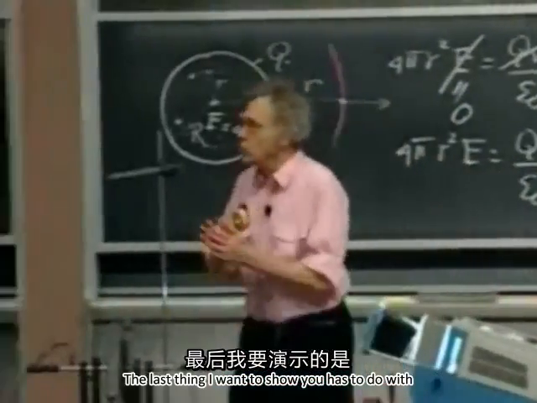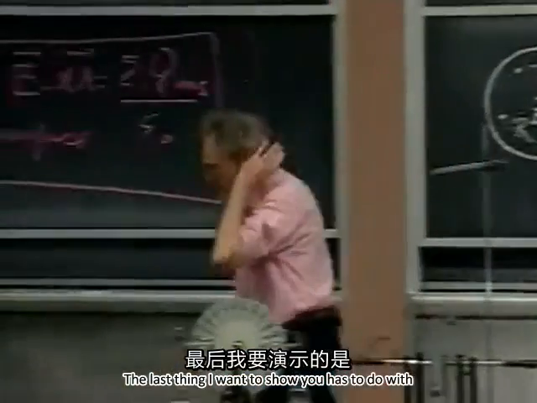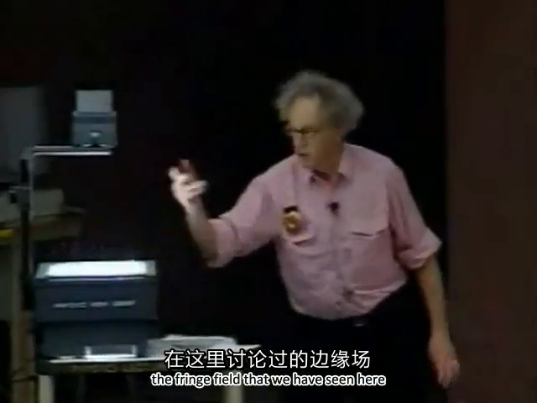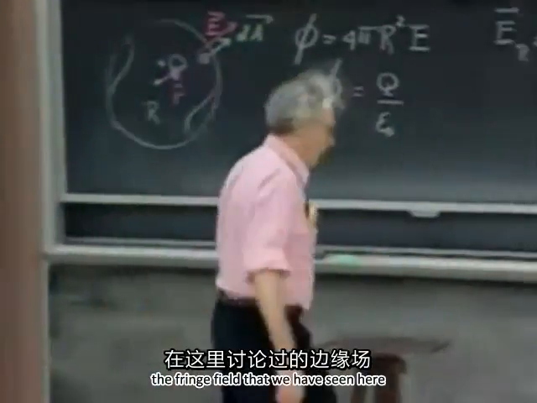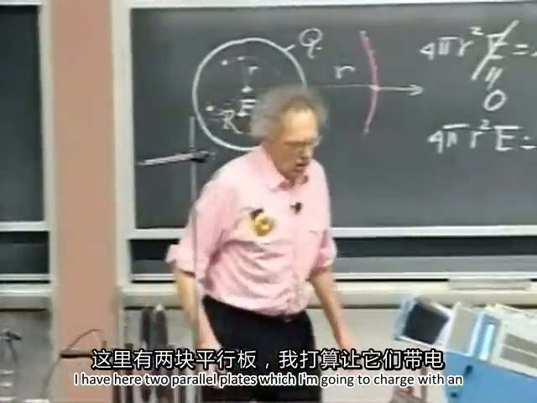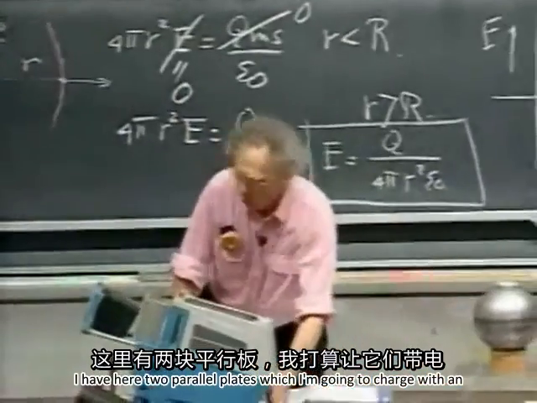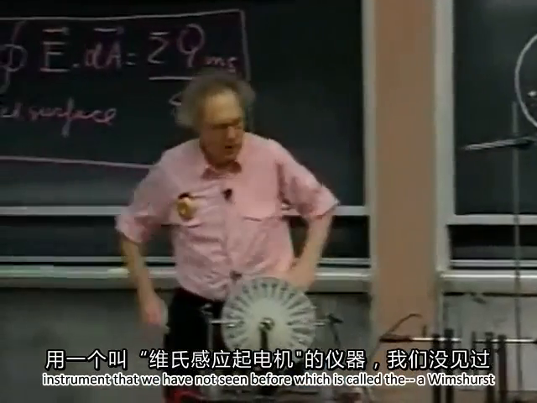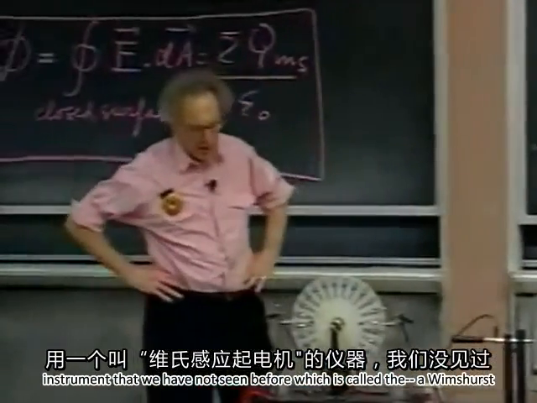The last thing I want to show you has to do with the fringe field that we have seen here. I have here two parallel plates which I'm going to charge with an instrument that we have not seen before, which is called a Wimhurst.